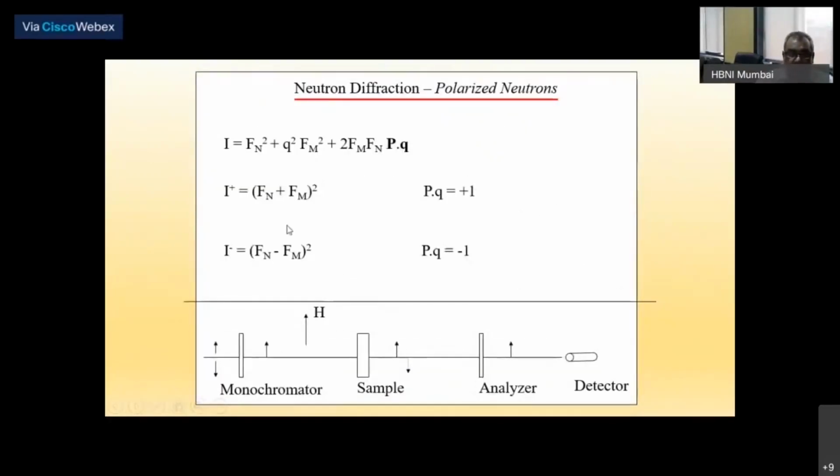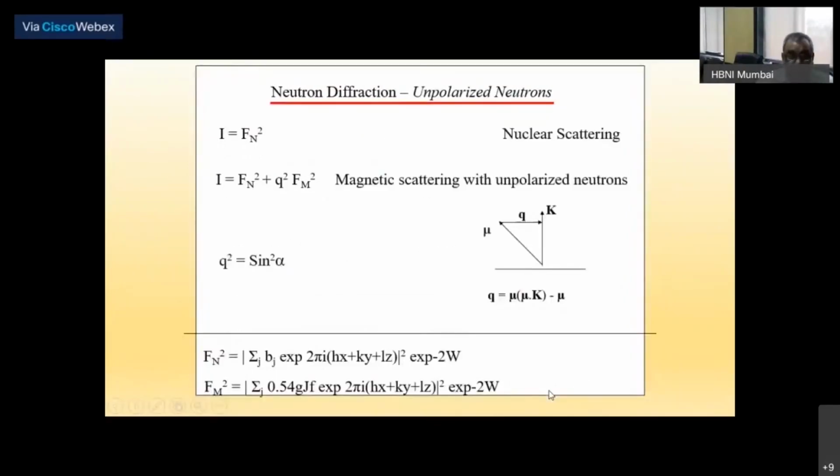So you can have pure nuclear scattering. As I told you, we find the sum over e to the power minus i q dot R_j, and the square of that gives you the intensity. In case of magnetic moment in our sample, this is the nuclear part.